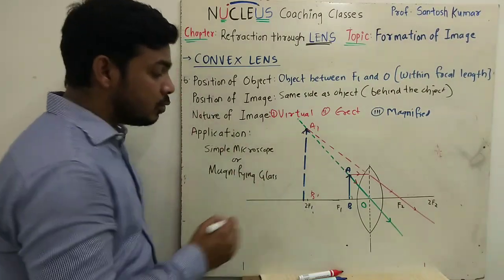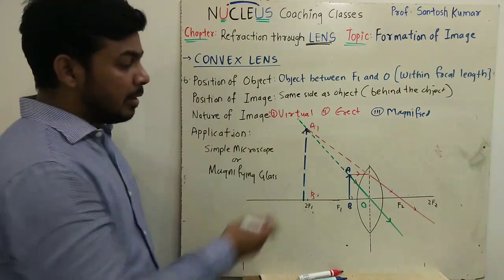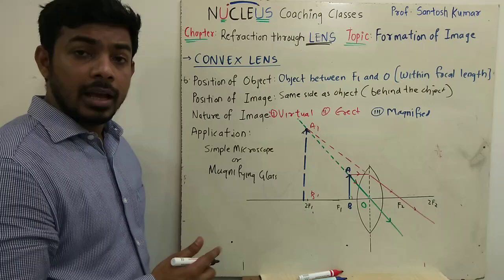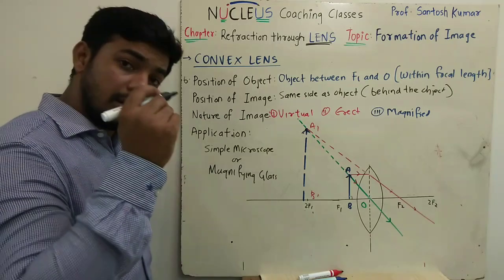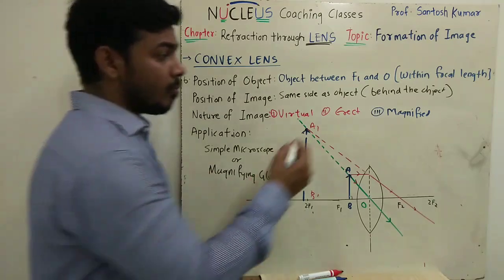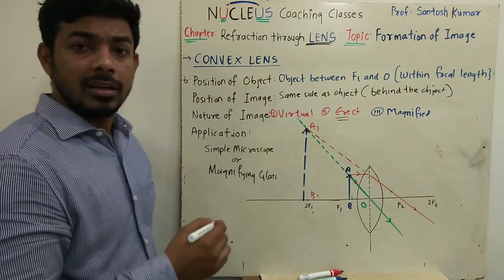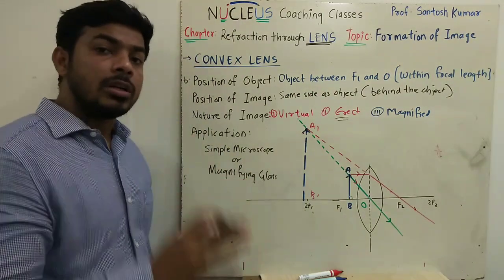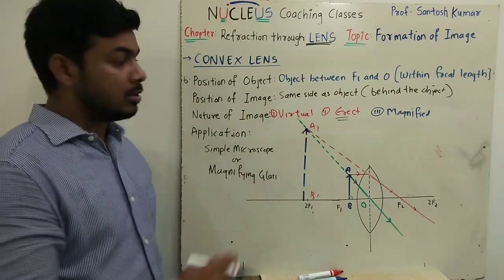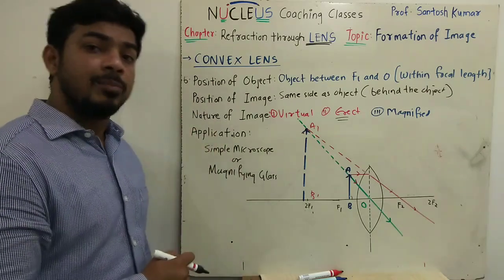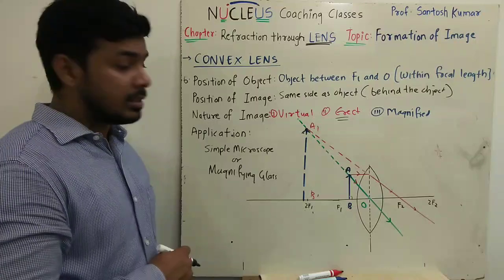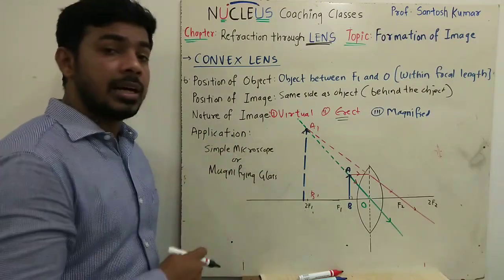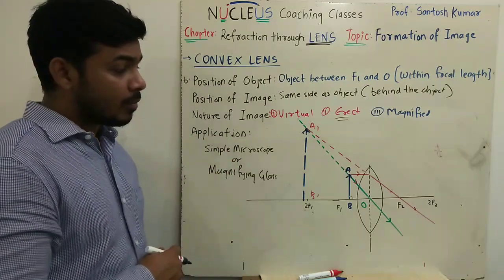And why is it used as a magnifying glass? Simply because the image is magnified with respect to the object, but importantly, it is erect, and whenever we see an erect image, it will not create any kind of confusion. So this application is very important in the case of a convex lens, and this ray diagram is asked so many times in exams.